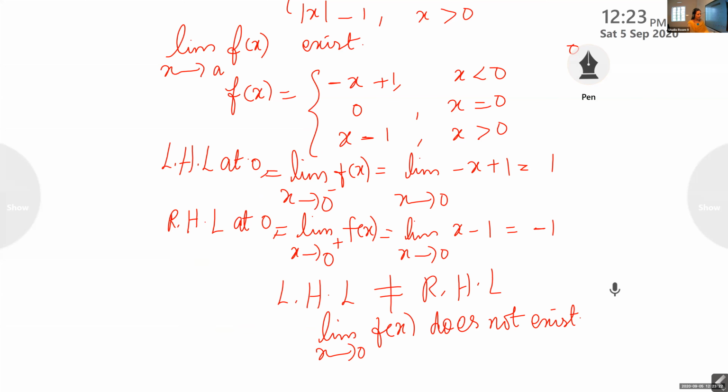Is it clear? We can find the limit for all the values except 0. Is it okay, children? Yes, ma'am.